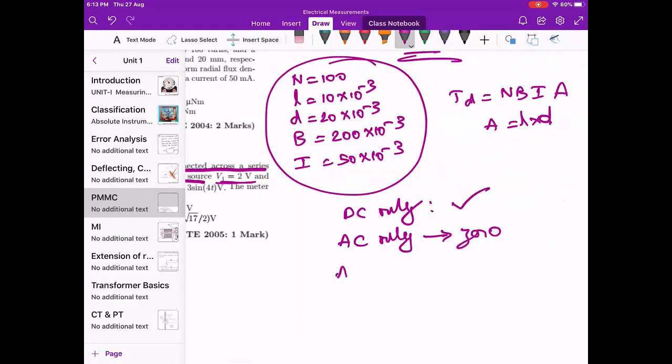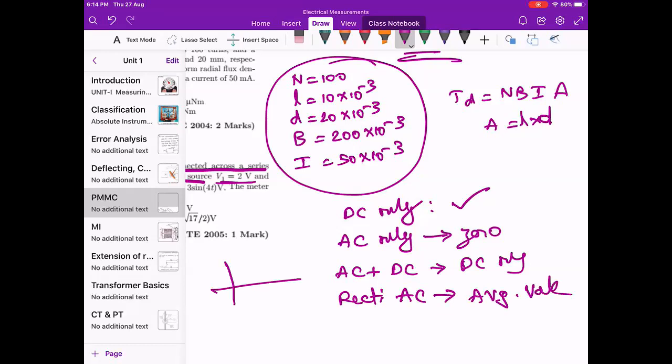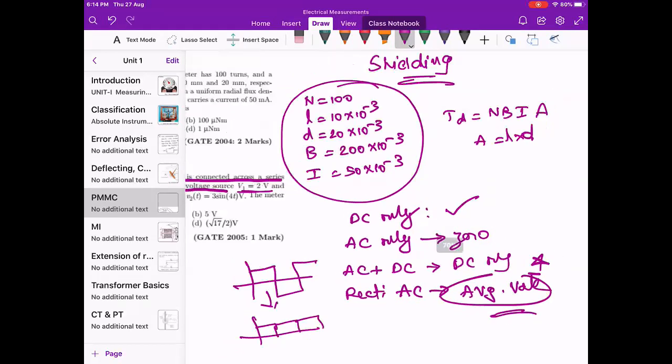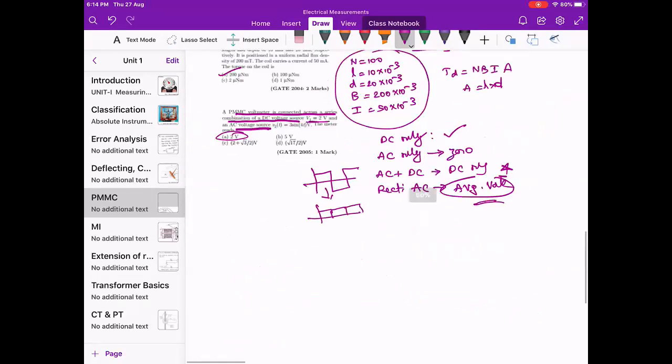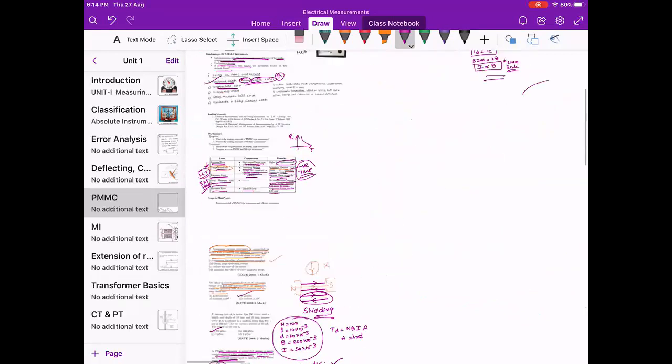But if you have AC plus DC both, it will show only the DC. But if you have rectified AC, then it will show the average value. Remember, if you have a square wave like this, but it is rectified, it will look like this, then it will show the average value of that waveform. These are the problems related to PMMC and extension.